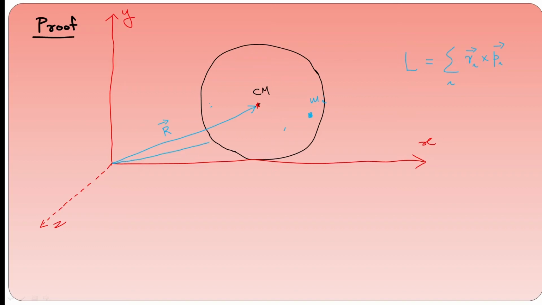You just see the position vector of Mi, say this is Ri with respect to the origin, so that the angular momentum will be summation over i of Ri cross Pi. That is the basic definition of angular momentum.